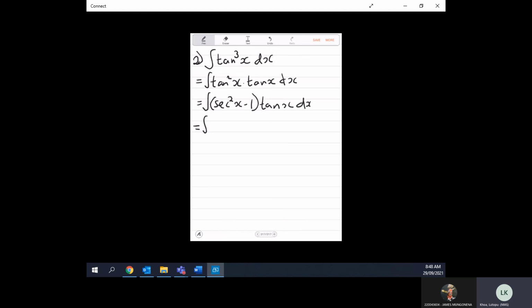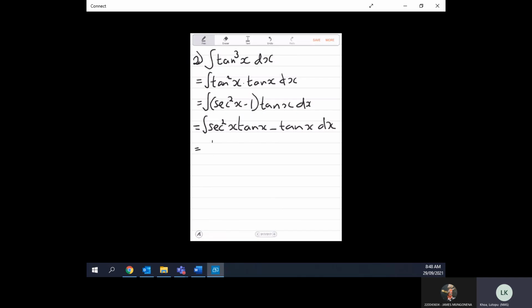This is the integral of sec squared x tan x minus tan x dx. Okay, then the first one, we use the u substitution because we have tan and its derivative.